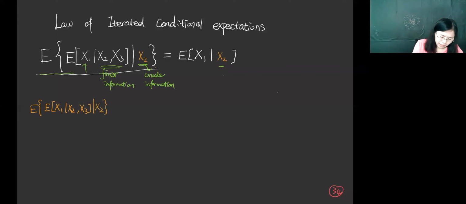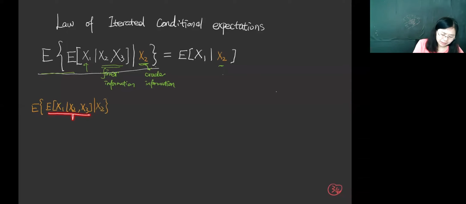Let's write out the outer expectation first. As you see, this conditional expectation is actually a function of x2 and x3. Now, x2 is given when you're taking the outer expectation. The only thing we're averaging over is x3. So when you write out the outer conditional expectation, you get a sum over x3, the little x3 realizations.